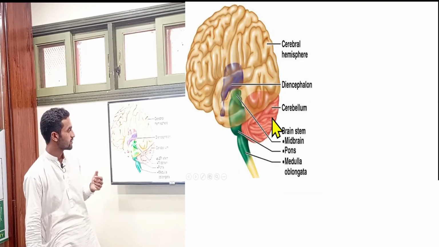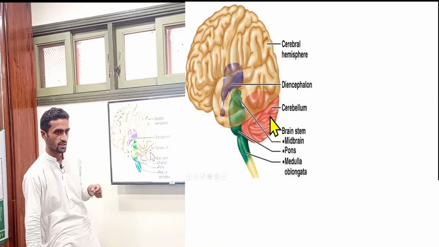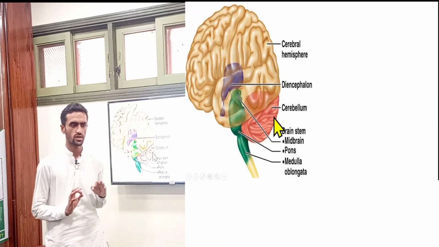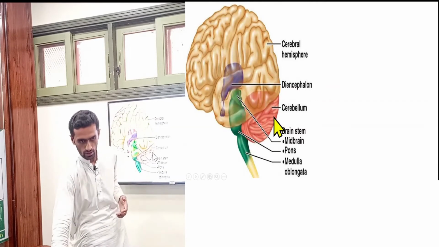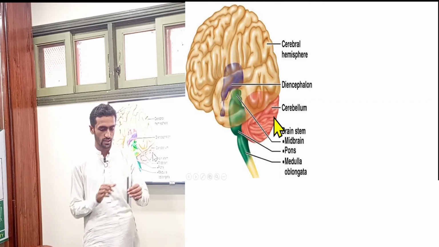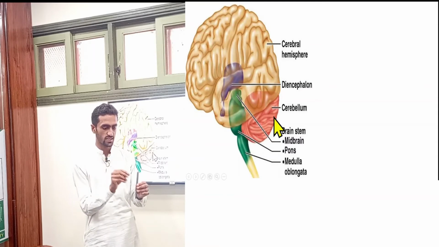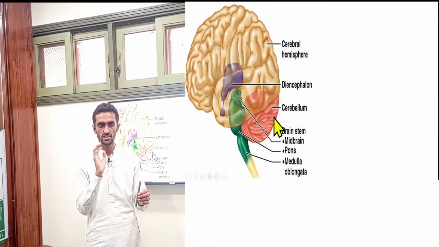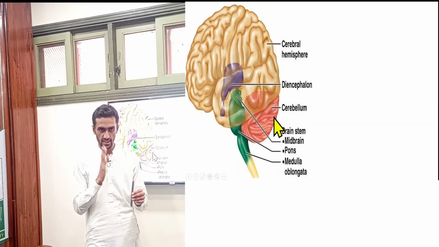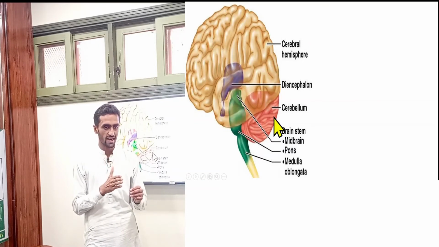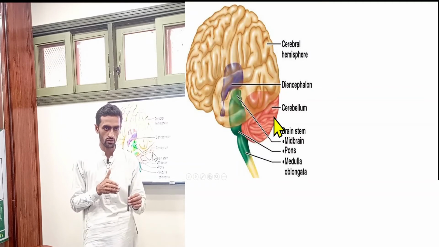And if you look at the cerebellum, their main function is the correction, so the accurate movement. For example, I want to pick this pen. Although the motor function is coming from my cerebrum, if there is a problem in the cerebellum, my hand can overshoot or undershoot.